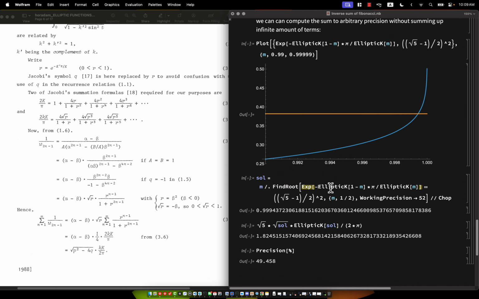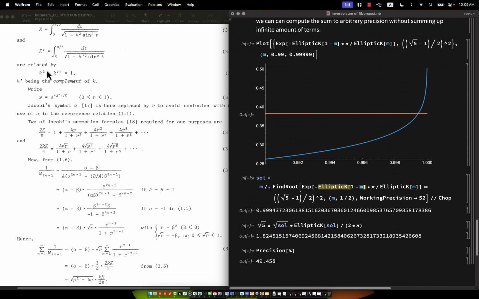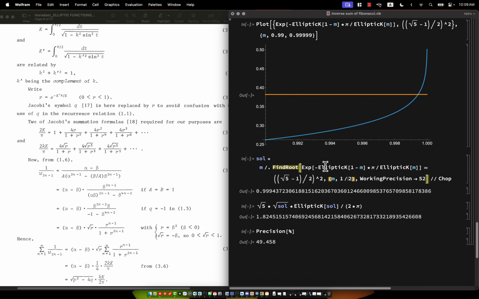So here we used exactly the same expression. It's exp of minus 1 minus m, because you recall this is the complement relationship between the two expressions. So 1 minus m times pi over elliptic K, take the minus and do the exponential.